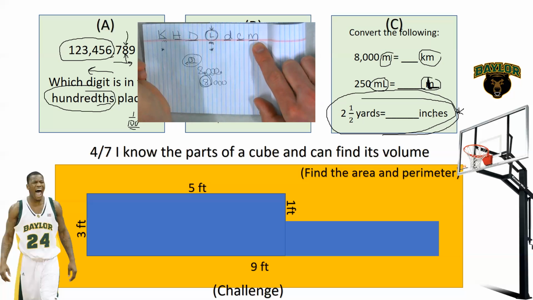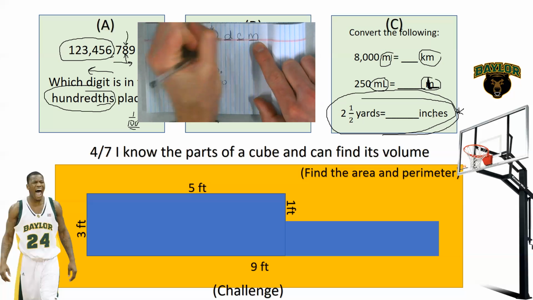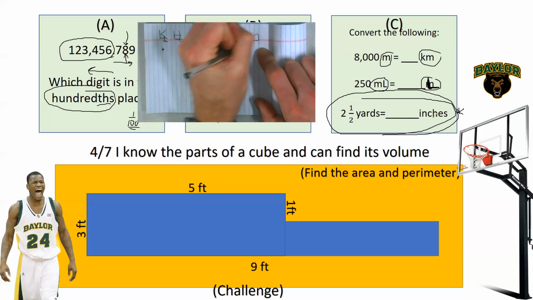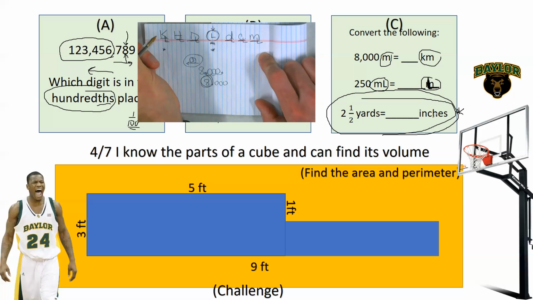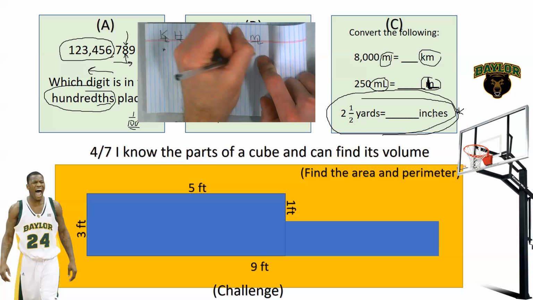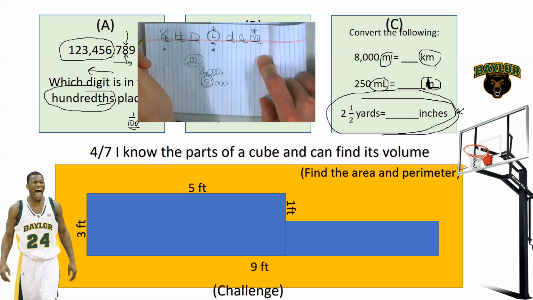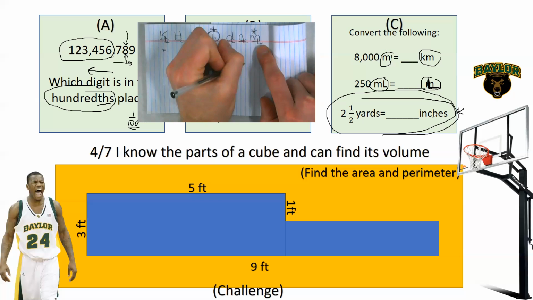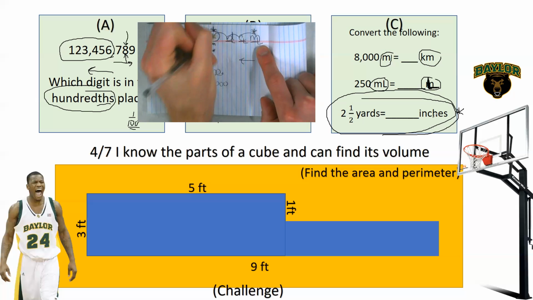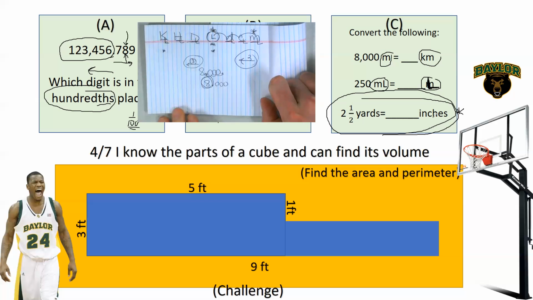And if we're measuring liquid, then all these have L with them too. So it's kiloliters, hectoliters, decaliters, liters, deciliters, centiliters, milliliters. So we're going from milliliters to liters. So we're going to go left, 1, 2, 3, left 3.